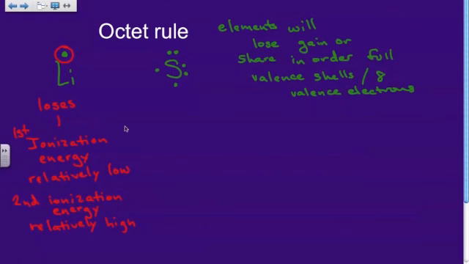Sulfur, on the other hand, has high ionization energies. And in fact it also has a relatively high electronegativity.